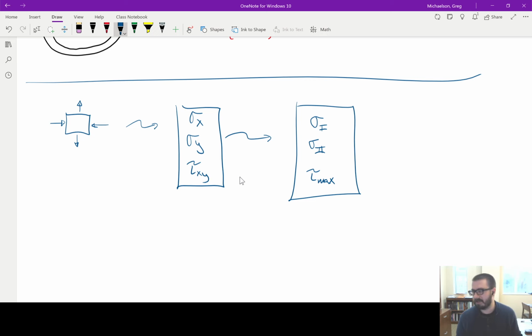What my ultimate interest is for this problem is I want you to take what we did in class today to compute sigma 1 and sigma 2, but then superimpose that with sigma y. What you're going to get is a stress state, and then from that stress state compute maximum stresses. Ultimately, we want to take this tau max and set it equal to the allowable stress to determine the required pressure.